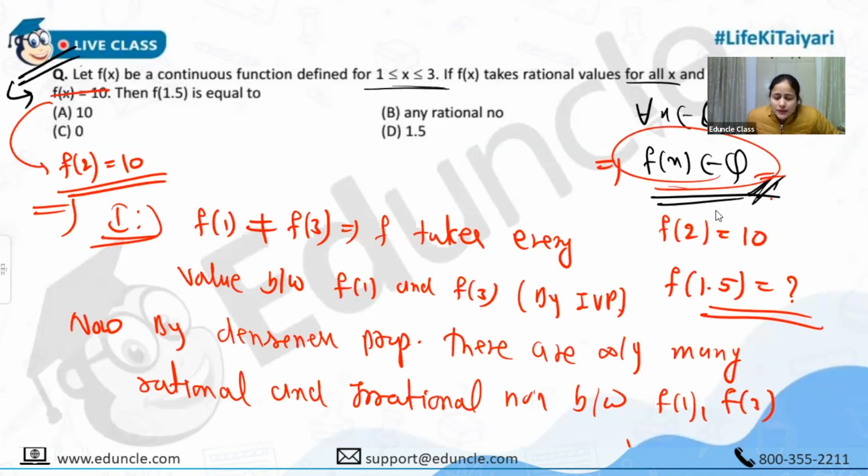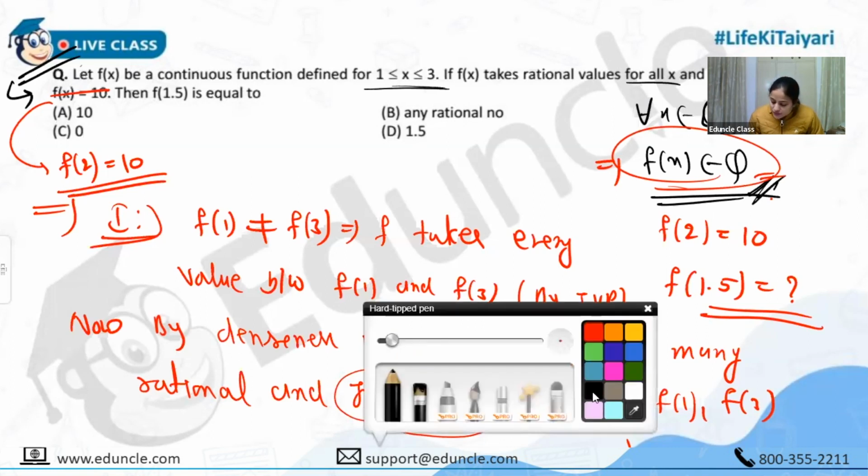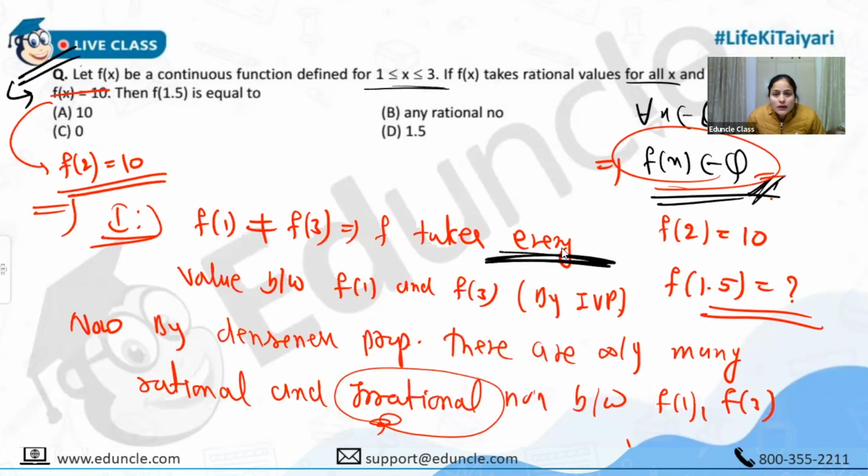So between two rational number f at 1 and f at 3, there are infinitely many irrational number also. And intermediate value property saying function will take every value between these two rational number. That means function takes irrational values also.